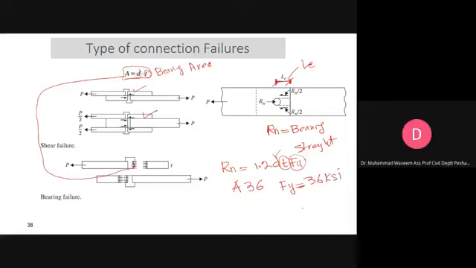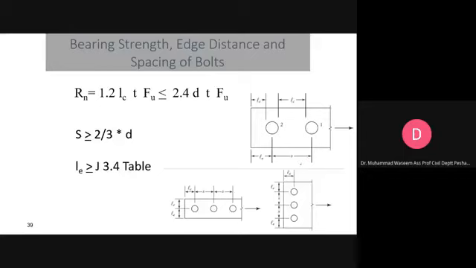What is the Fu? Sir, 50 to 80. No, 58 ksi. Oh, sorry, 58. So you should know the steel material, the diameter, the thickness, and the ultimate strength of the material. So this equation is given like this.